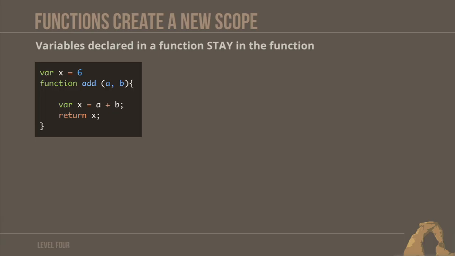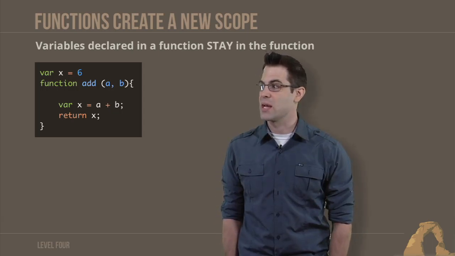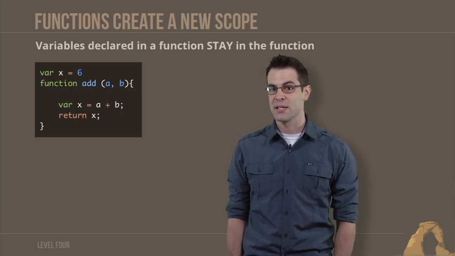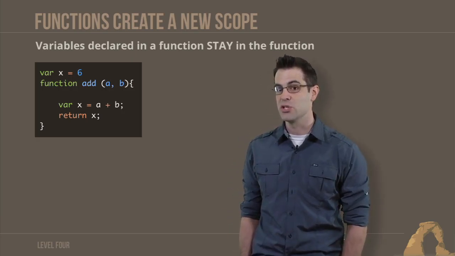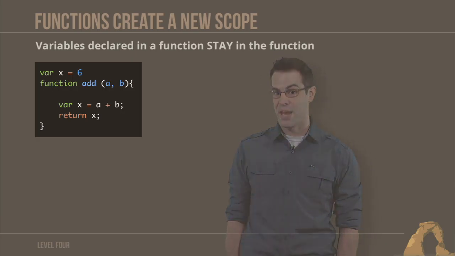But then, inside a new function add, we declare a new variable x and set it equal to the parameters a plus b. So you can see that I've got a variable keyword on that x. When that happens in a local scope, an entirely new variable is created with the name x that is only accessible to the function block for add.